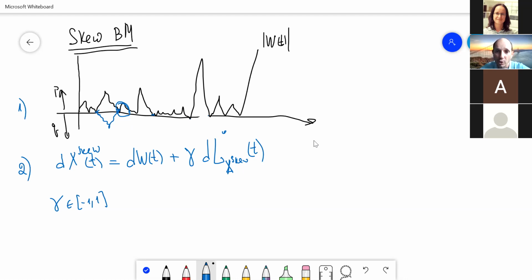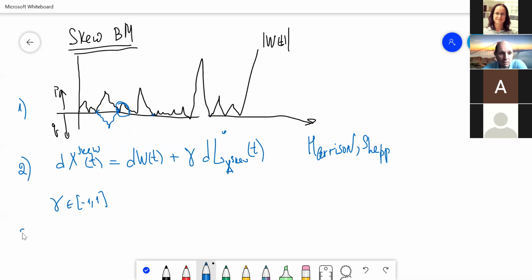It was proved by Harrison and Shepp that this stochastic differential equation has a unique strong solution if the absolute value of gamma is less than or equal to 1, and there is no solution if the absolute value of gamma is greater than 1.